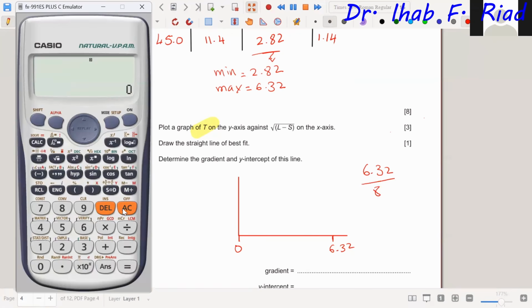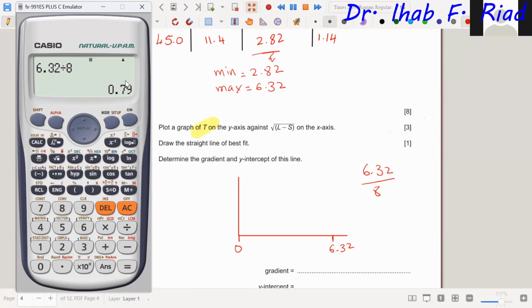So it is going to be 6.32 divided by 8. It is going to give us 0.79. What is the next good scale?